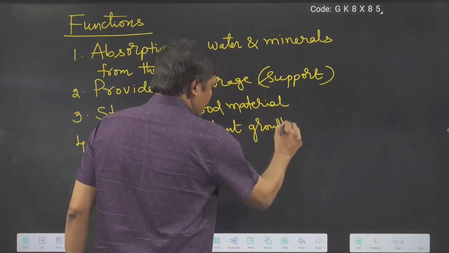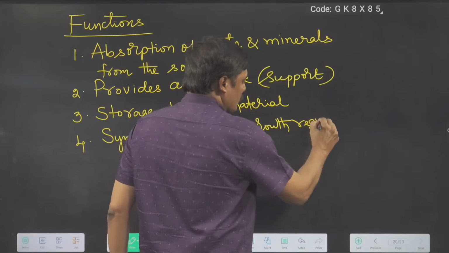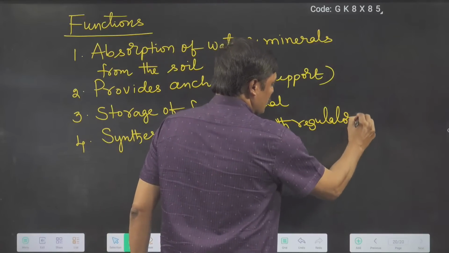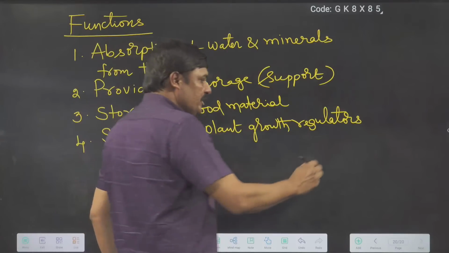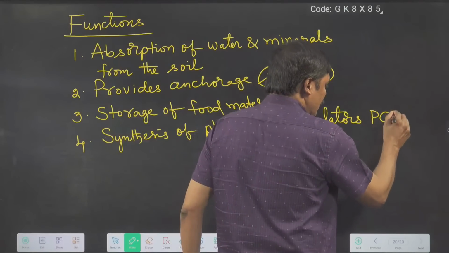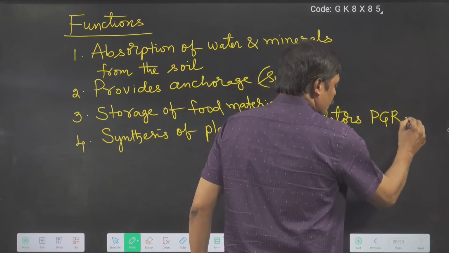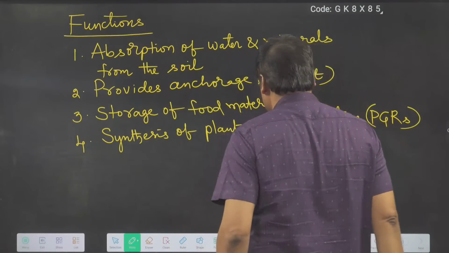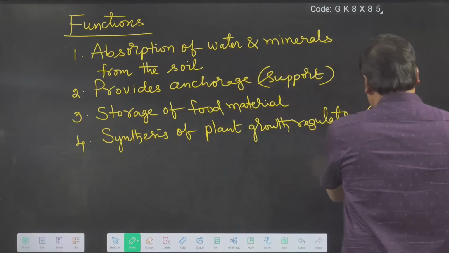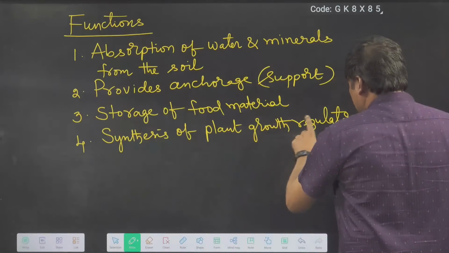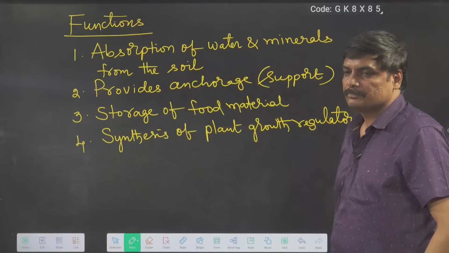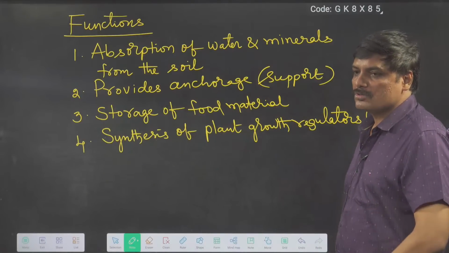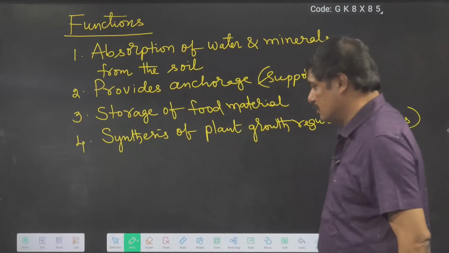Plant growth regulators, namely PGR, simply called PGRs. See, PGR means plant growth regulators, nothing but plant hormones, phytohormones or plant hormones.